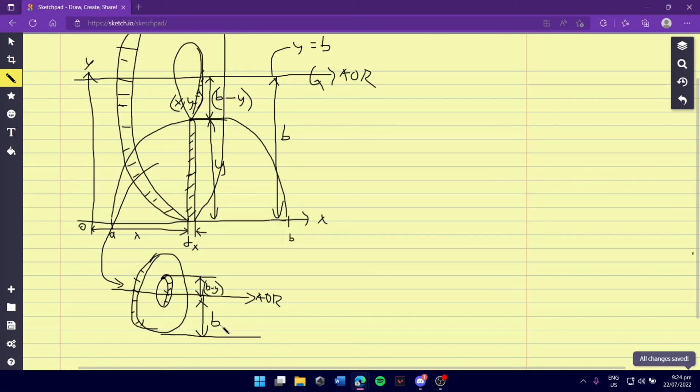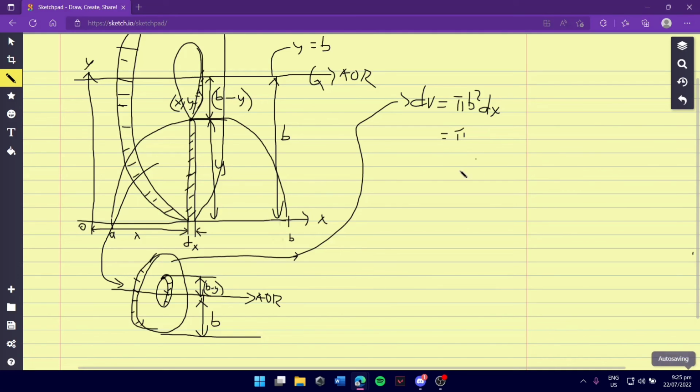So now we'll solve for the dV, the differential volume. Put here the formula. So dV is equals to pi r squared times dx. So r here will become b minus y.